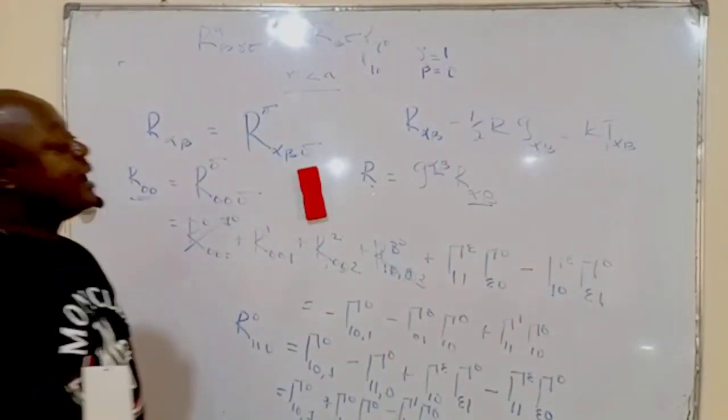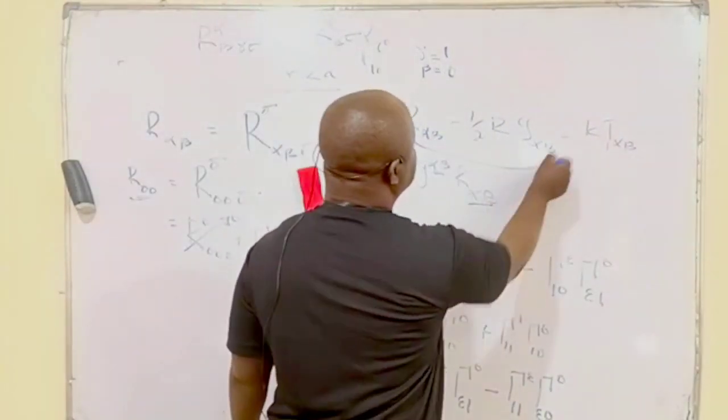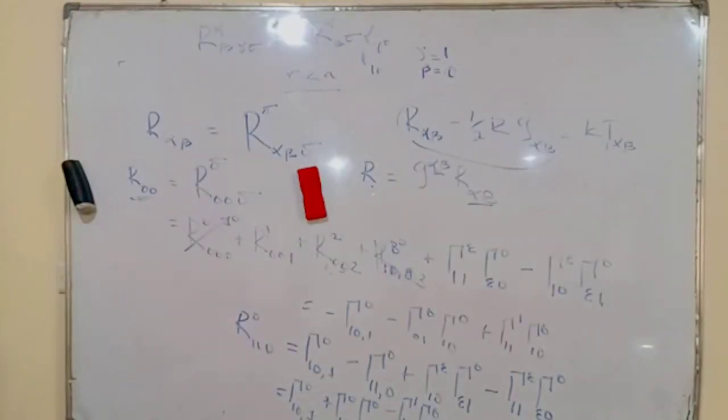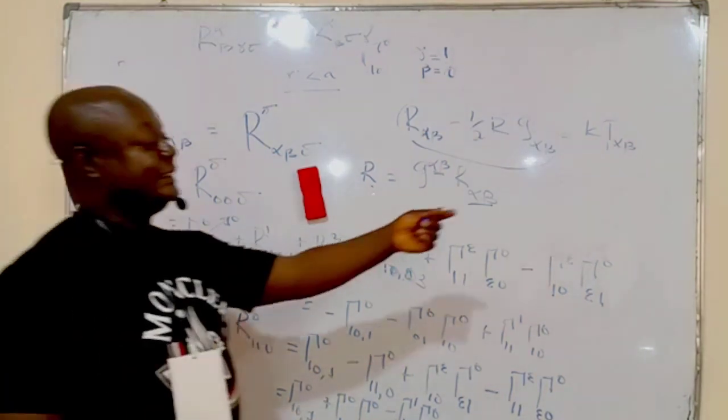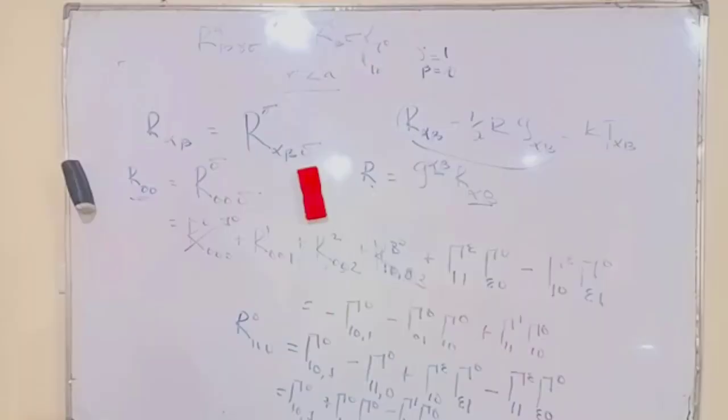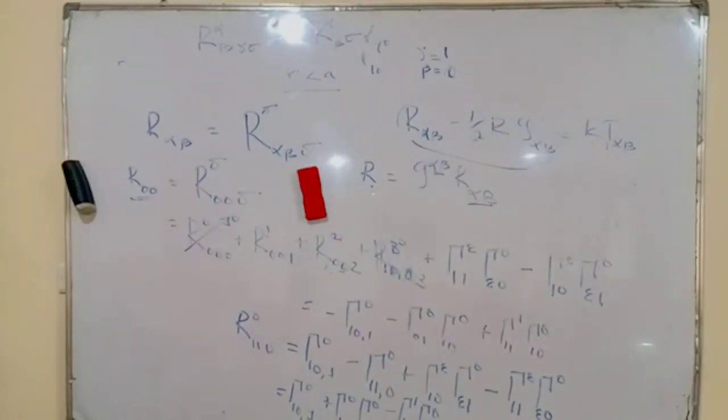Once you get your R, then you have gotten all you need on the left hand side of our field equation. We have gotten all what we need at the left hand side. So our issue now is the right hand side.